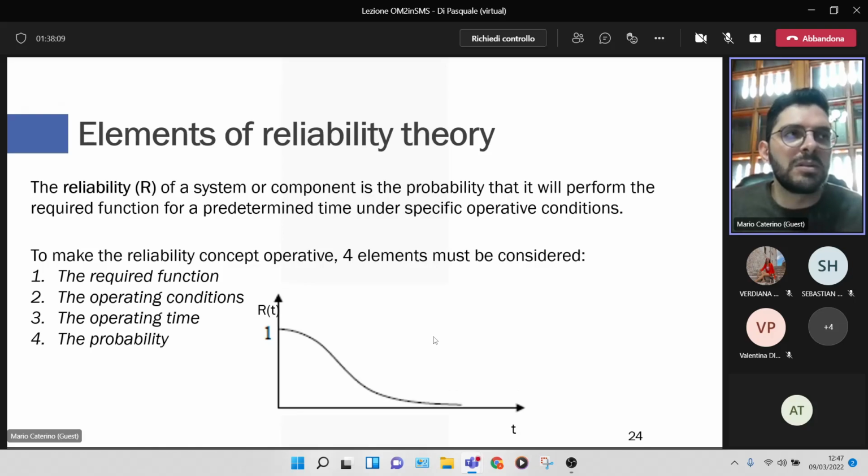We know that at a certain point in time the system will fail. We can also know how that system will fail, but we don't know when it will happen. So in this case, we have to refer to the probability that a failure occurs.